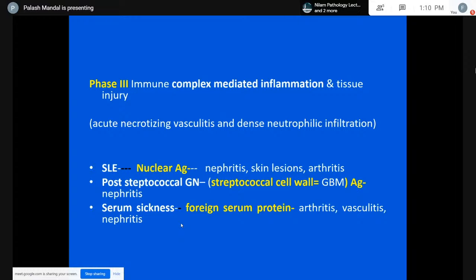Then comes post-streptococcal glomerulonephritis. This particular entity is a disease of streptococcus. Whenever streptococcus attacks us, suppose some streptococcal pharyngitis has happened, or streptococcal skin lesions, the impetigo, have happened.